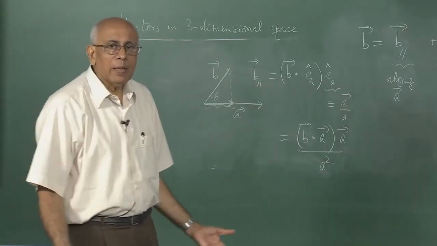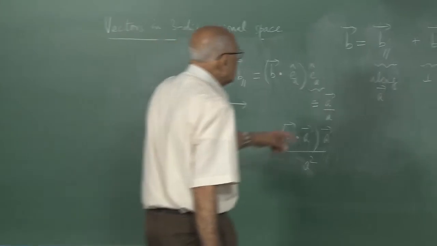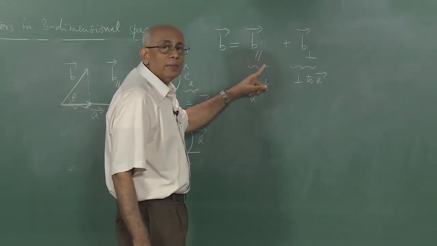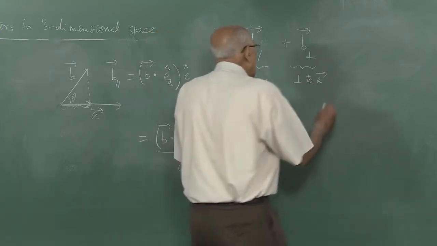Now what can B perpendicular be? Well, it is clear that B perpendicular is B minus B parallel. So it is immediately obvious that I write an identity.